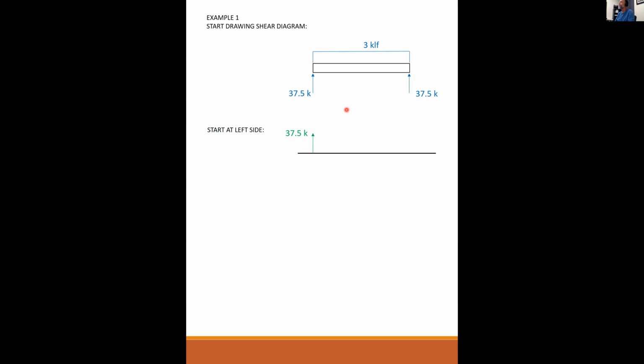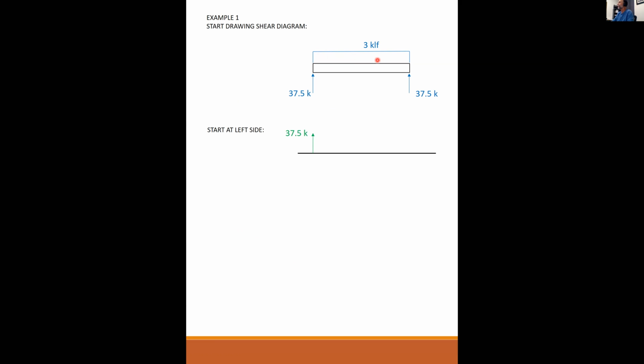But say the words. The change in the shear diagram from A to B is equal to the area of the load diagram from A to B. That is right.